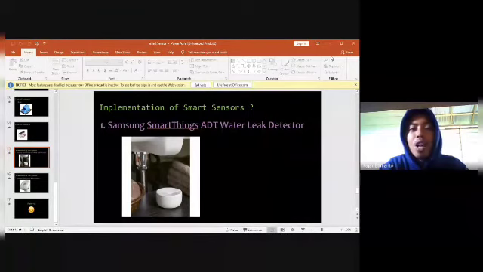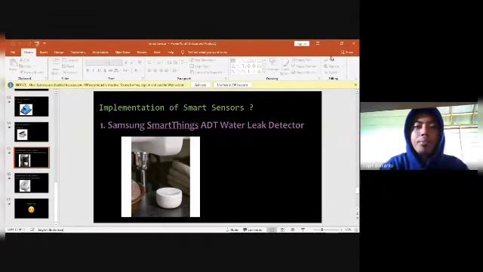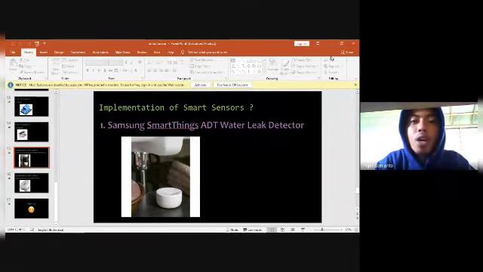The applications of smart sensors are actually many, such as detection of vehicle dimensions or car dimensions at toll roads, door sensors, and sensors for when the lights should turn on or turn off, and many others.